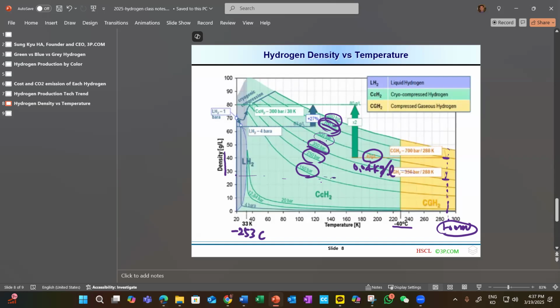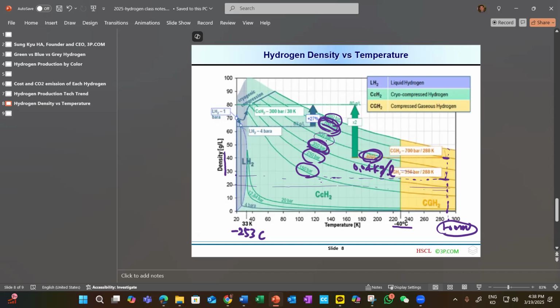Let's see here. We cannot get the exact number, but the point is that here is 40 and half of it, 20, is here. But when the pressure goes from 700 to 350, the density is not halved, as you can see.